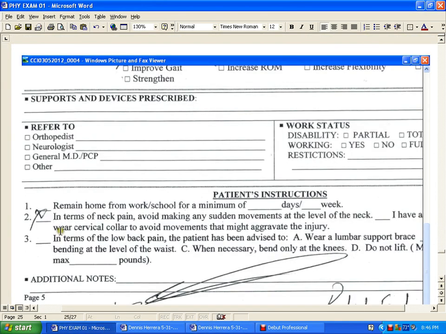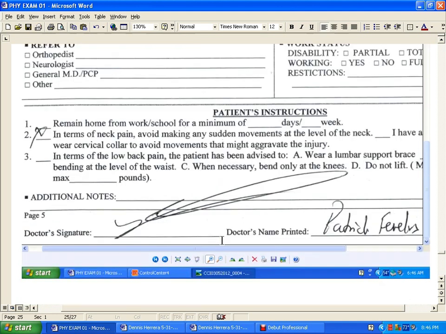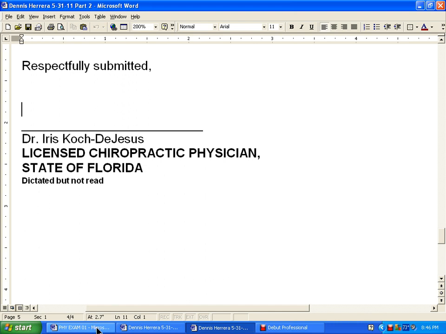You would put under recommendations, and I believe it's in bold and underline, all caps, and you would put a dash, and then you would put in terms of neck pain, comma, avoid making any sudden movements at the level of the neck, period. And that is it.